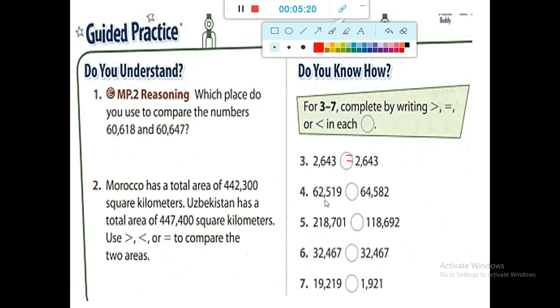Here they are different, 2 and 4. So 4 is greater than 2, or 4,000 is greater than 2,000. So the number on the right is greater than the number on the left. So I put it like this. I read it as 62,519 is less than 64,582.